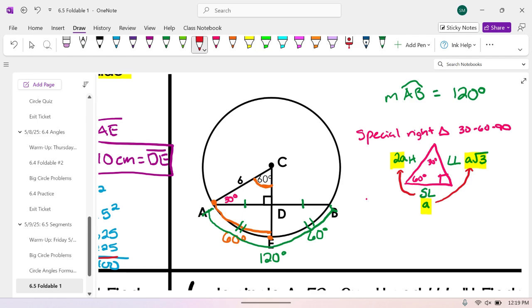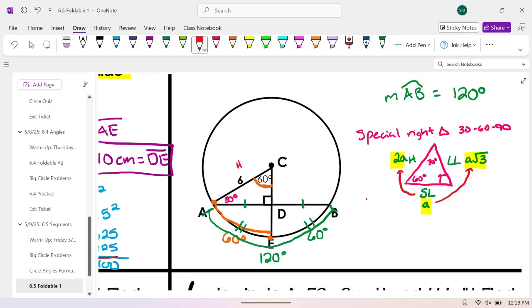So, if I'm looking at triangle ACD, what side did they give me? They gave us the hypotenuse. So, which side measure do you think I should find first, CD or AD? We need the short leg.